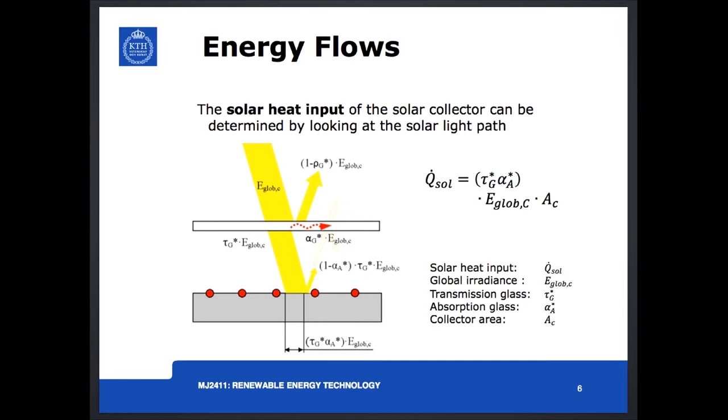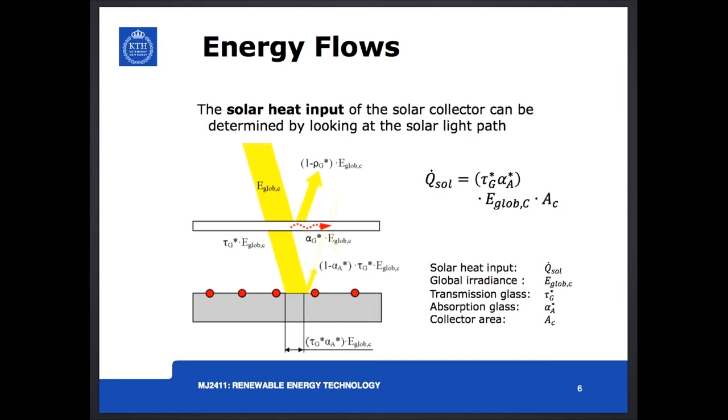The solar heat input of a solar collector can easily be determined by looking at the solar light path. We can see, as before, solar radiation impinging onto the glass window, parts of it being reflected, parts of it being absorbed, and only the part, tau G, the transmissivity, transmits through the glass window and impinges onto the absorber.